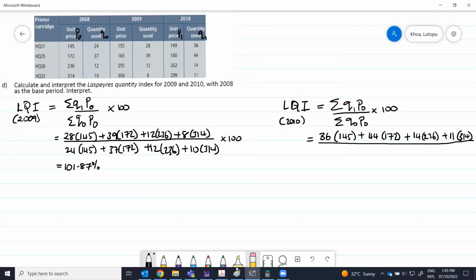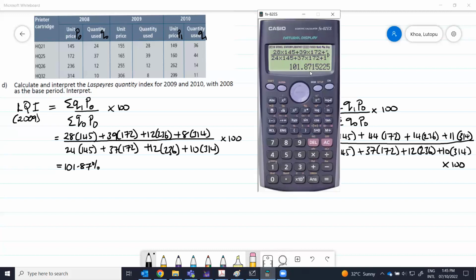Then 24 times 145. 37 times 172. 12 times 236. 10 times 314, and then this we will multiply by 100.